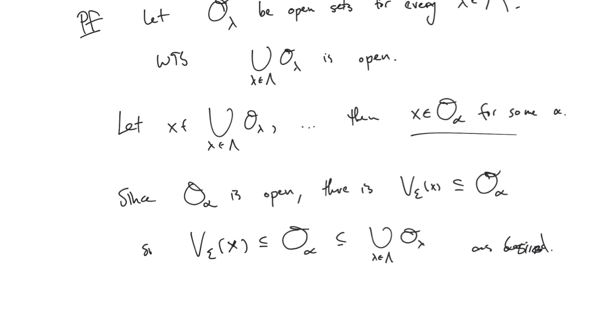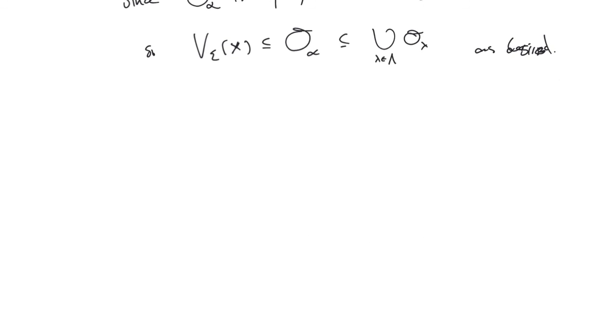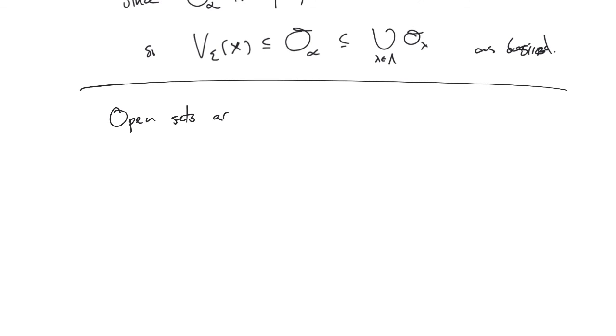A little tricky. So the moral of the story is that all finite intersections of open sets are open, and any unions of open sets are open, finite or infinite. The topology lingo that people use for this is that open sets are closed under finite intersections and arbitrary unions.